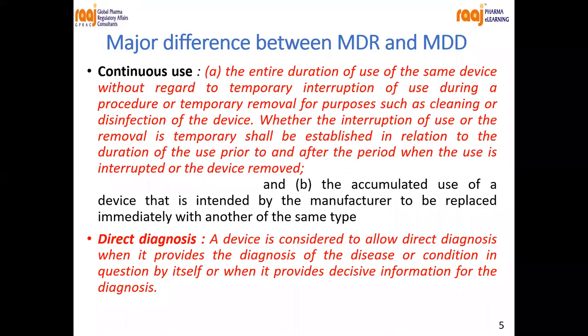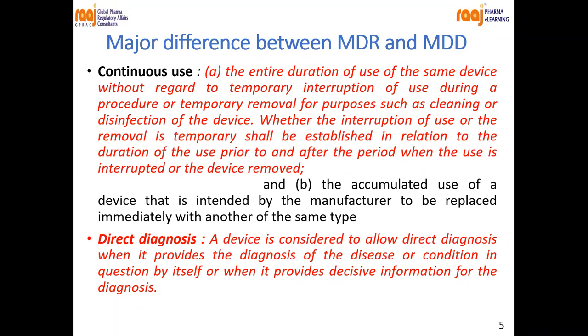Then direct diagnosis. A device is considered to allow direct diagnosis when it provides the diagnosis of the disease or condition in question by itself, or when it provides decisive information for the diagnosis. Direct diagnosis is very, very important because it should give the perfect result. Now, in COVID cases, you must have heard about the rapid kit.